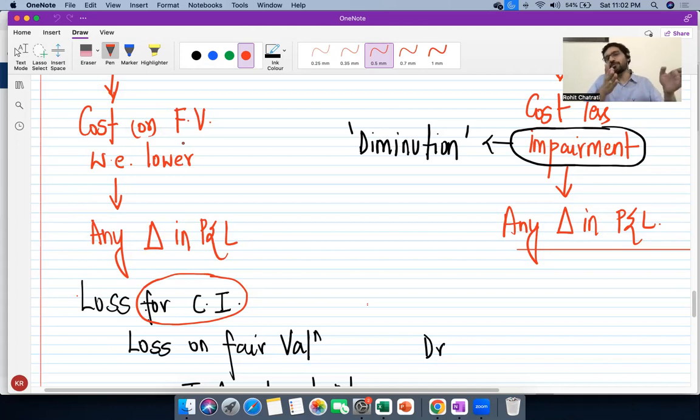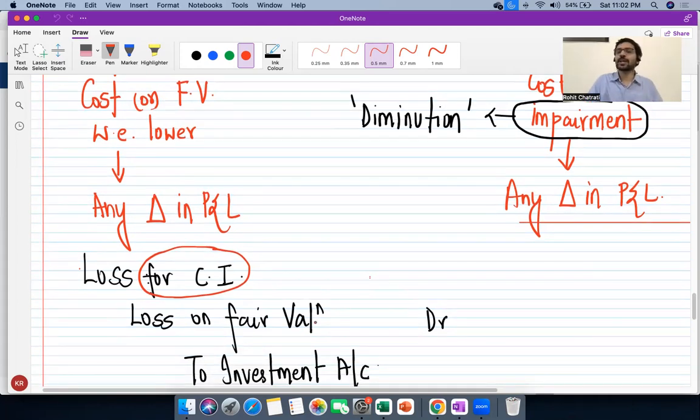The cost was 700, fair value was 670. Therefore, I've brought down the value of investment in my books from 700 to 670 by recognizing a loss of 30 rupees. This is an unrealized loss. I'm calling it an unrealized loss because I have not sold the investment. Once I sell it, it is going to be called realized. Since I've not yet sold it, it's going to be called unrealized.